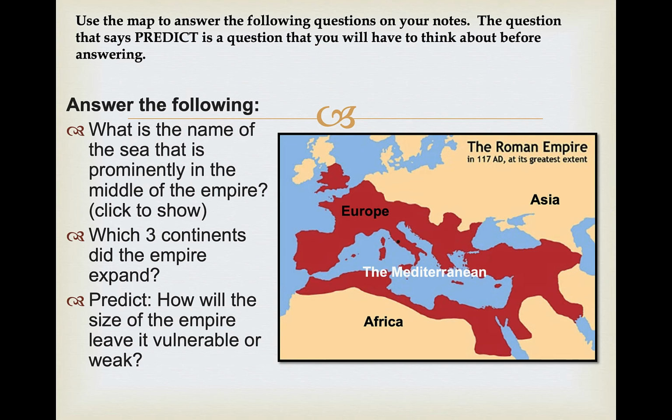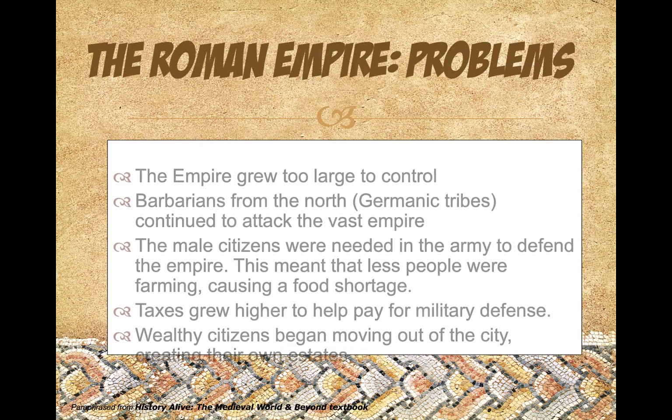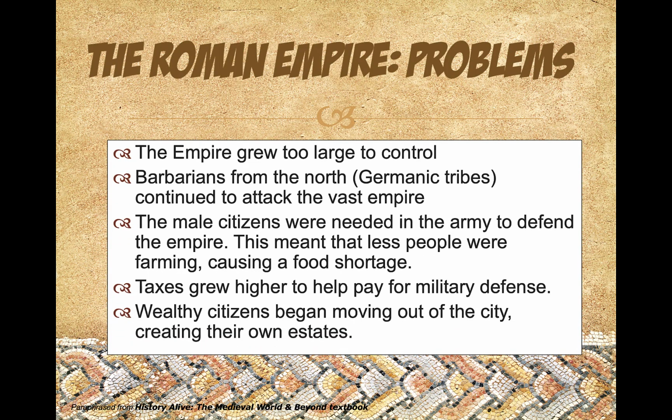It was ginormous. So then this question about predict: how will the size of the empire leave it vulnerable or leave it weak? So we're going to talk about that as we go along here. So there were problems in the Roman Empire.